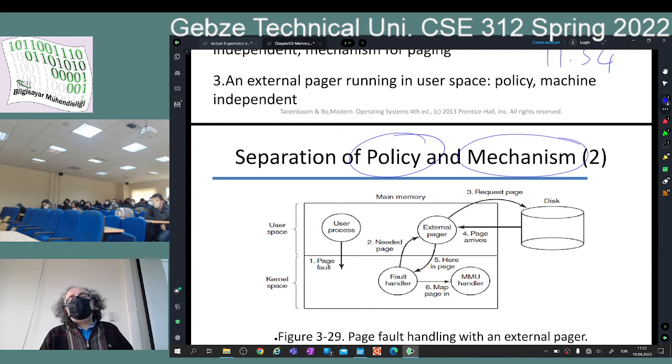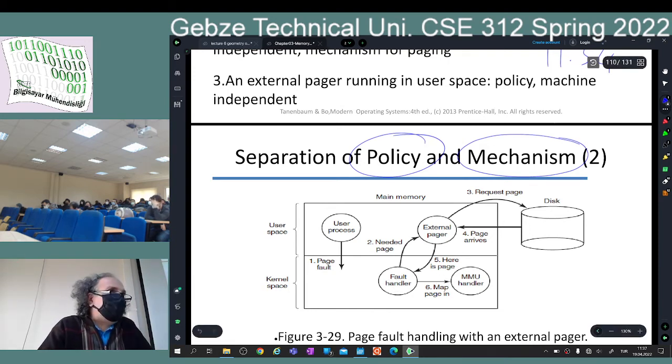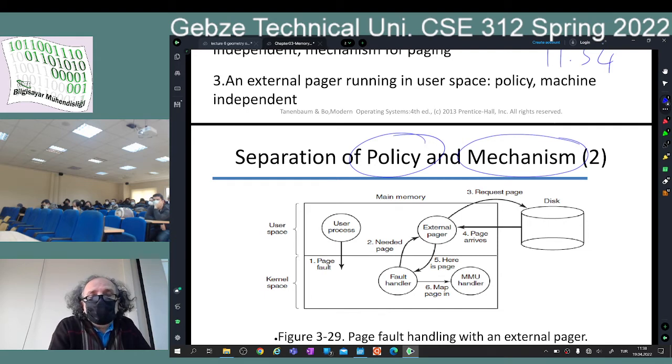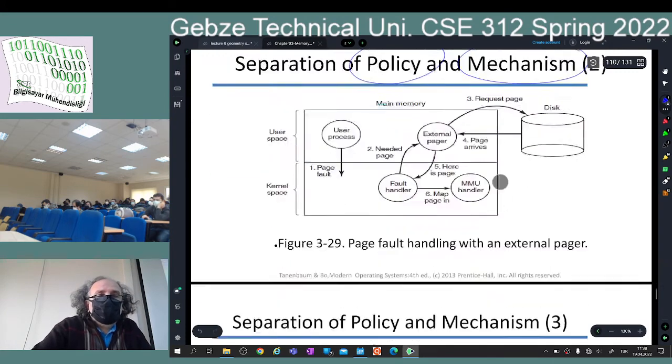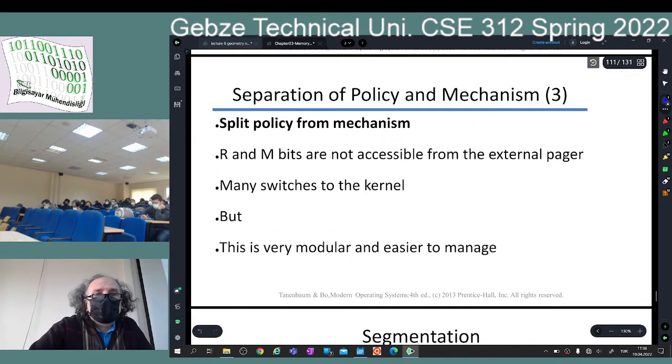If I have implemented everything in the kernel space, then I wouldn't have these kind of problems of communicating with the kernel, because I am the kernel already. That would be the case, but if you separate the policy and mechanism, you will run into the risk of many switches to the kernel.